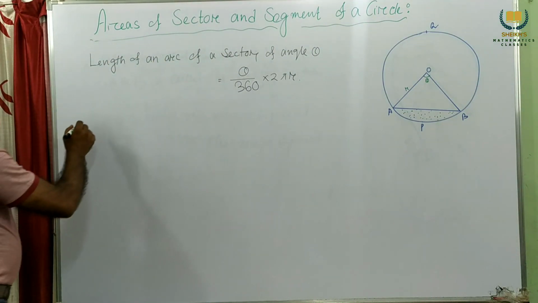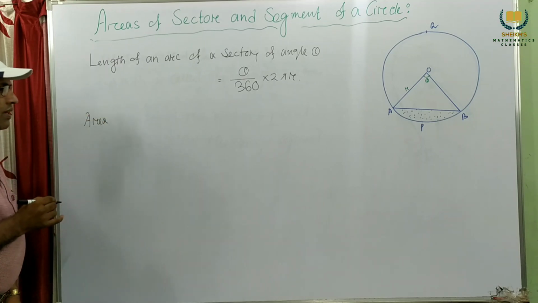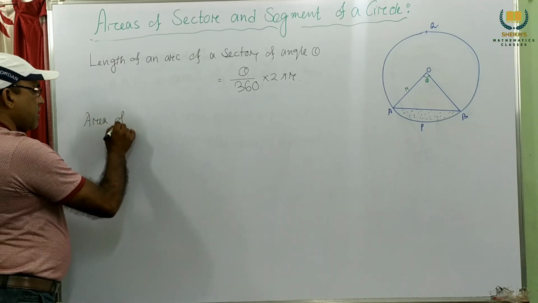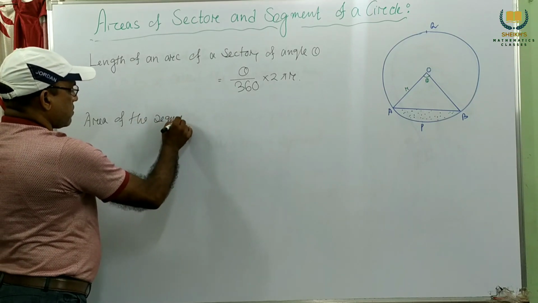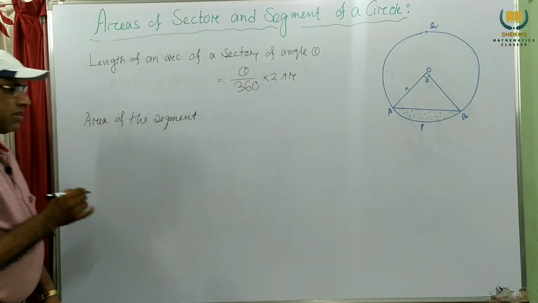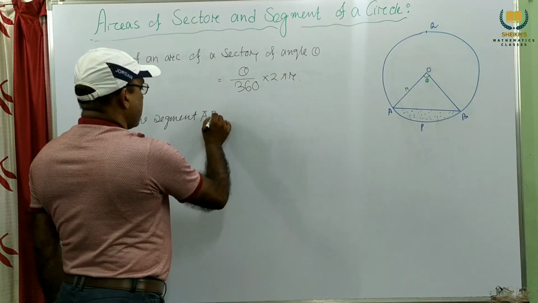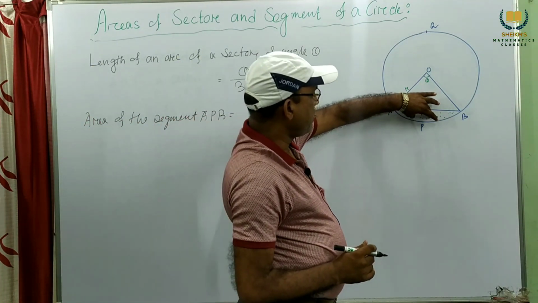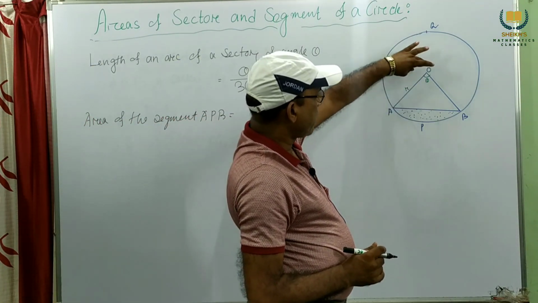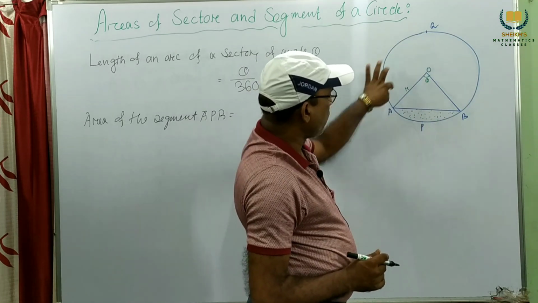Now area of the segment APB. This area we can write as whole sector area minus area of the triangle OAB.